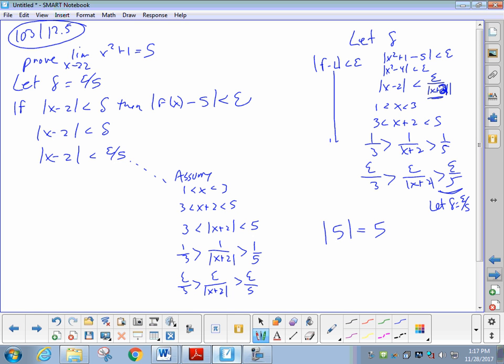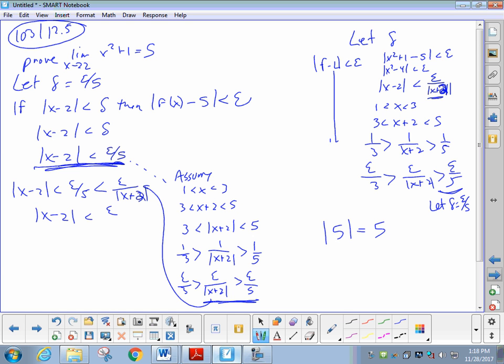So, here's where I put these two things together. I know x minus 2 must be less than epsilon over 5. I also know that epsilon over 5 must be less than epsilon over x plus 2. And so, if x minus 2 is less than epsilon over 5, which is less than epsilon over x plus 2, then removing the middle, x minus 2 must be less than epsilon over x plus 2.